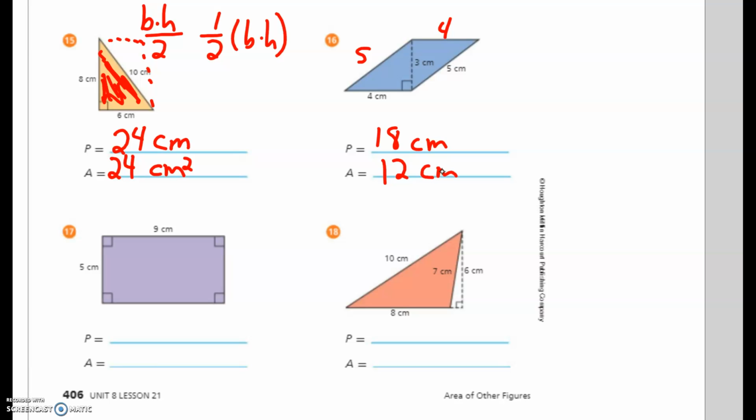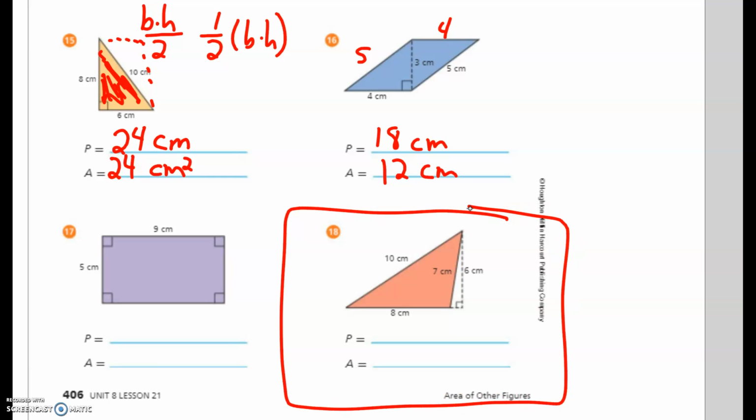All right, let's do one more. Let's just do this one right here, number 18. You go ahead and figure out the perimeter and the area. And in a moment, I'll tell you what the correct answer should be.